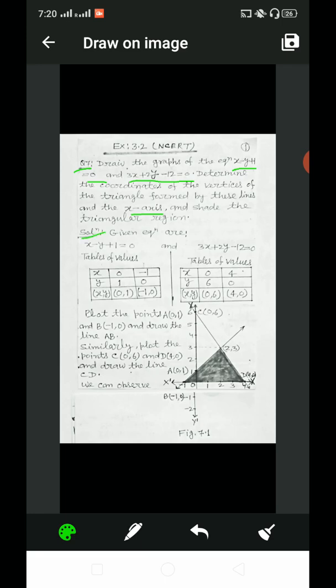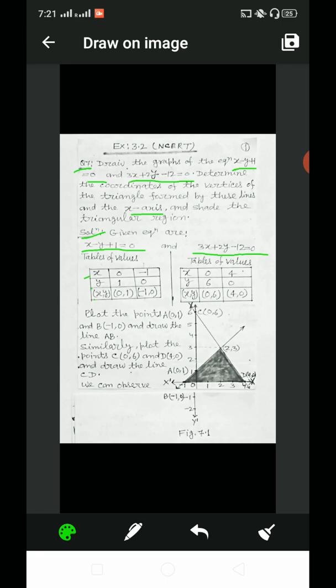For solution, the given equations are x minus y plus 1 equal to 0 and the second equation 3x plus 2y minus 12 equal to 0. For the equation x minus y plus 1 equal to 0, table of values: x, y, and coordinate form (x, y).